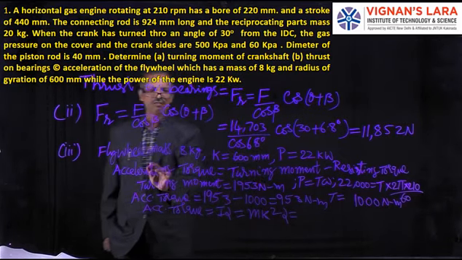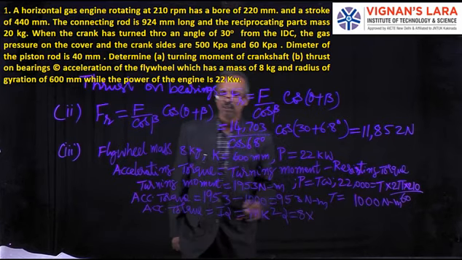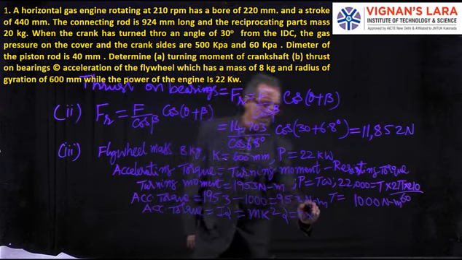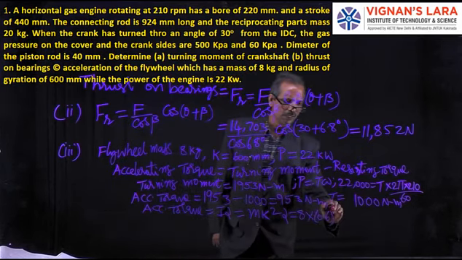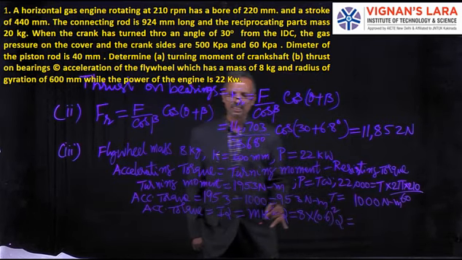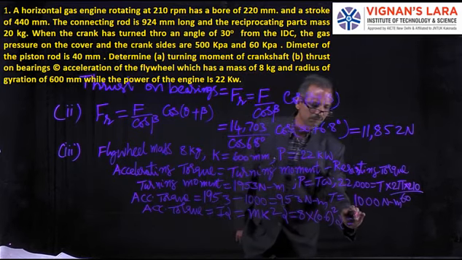The mass of the flywheel is 8 kg. What is K? Radius of gyration as given, 600 mm, so 0.6 whole square, into alpha is equated to accelerating torque, that is 953.